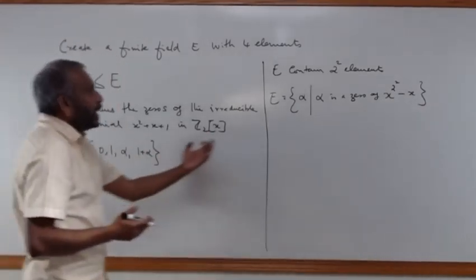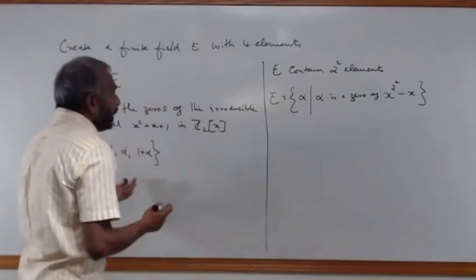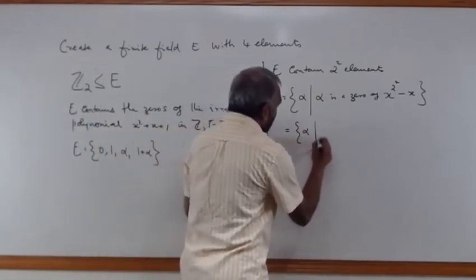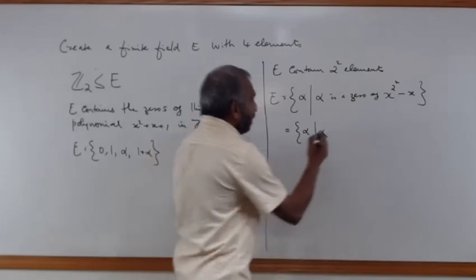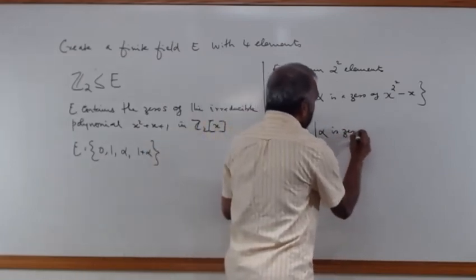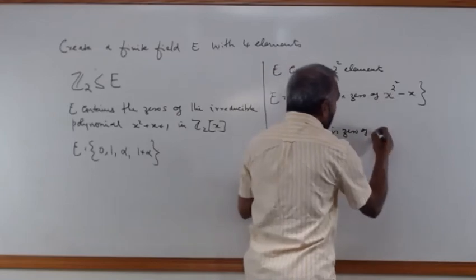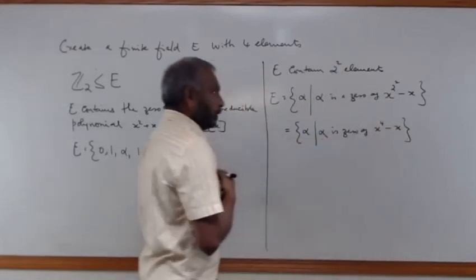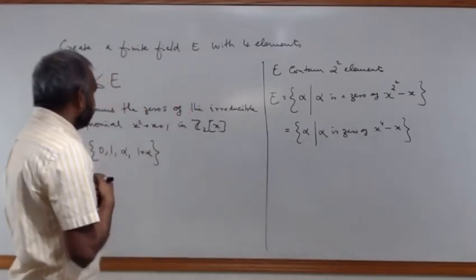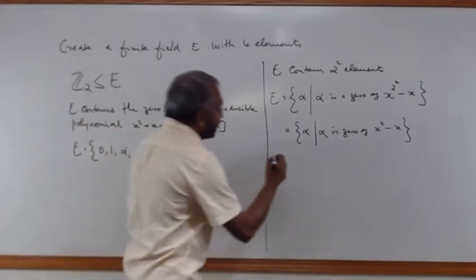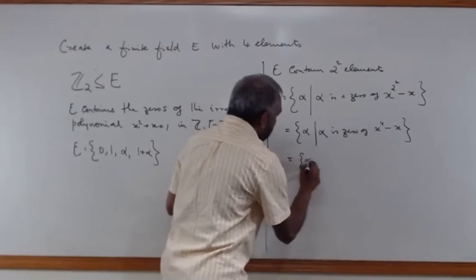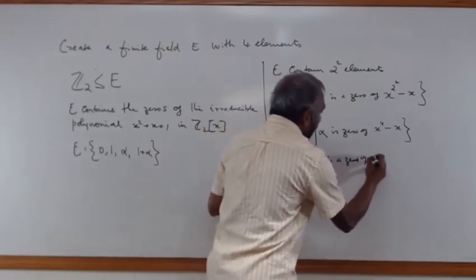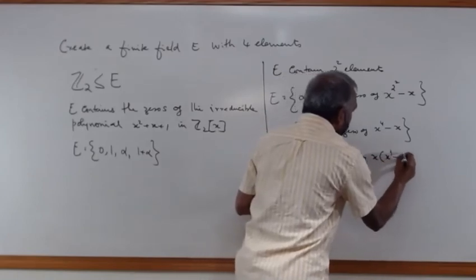These two are actually identical. Why? Alpha is a 0 of, you can write this as x to the 4 minus x. And this is equal to alpha is a 0 of x times x cubed minus 1.